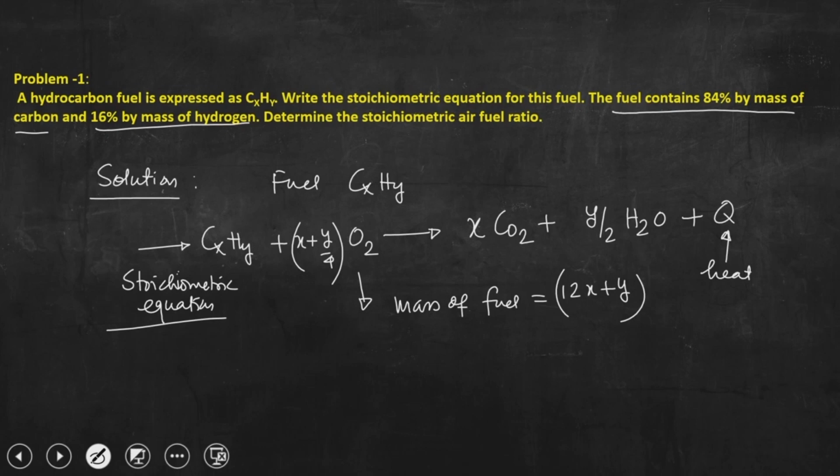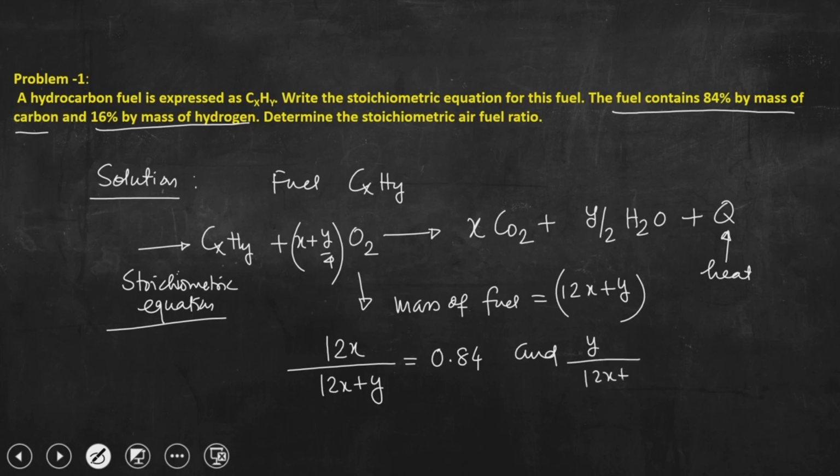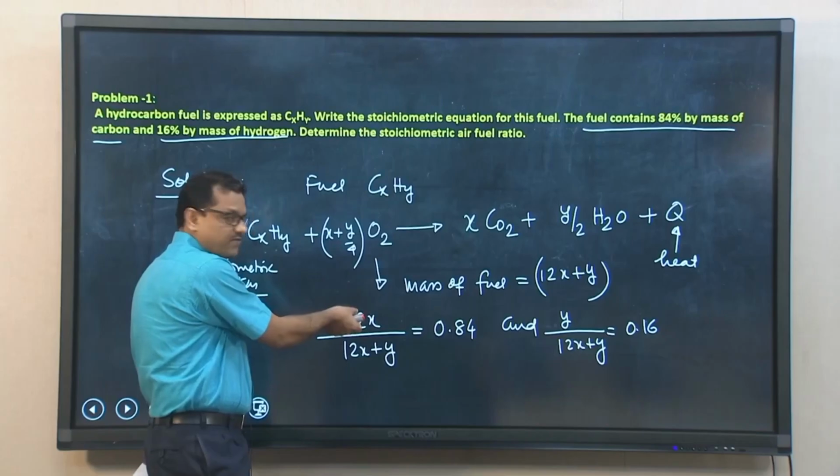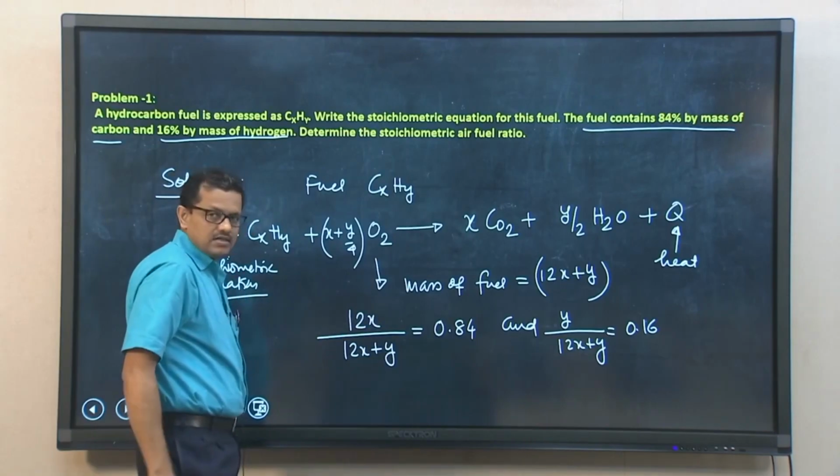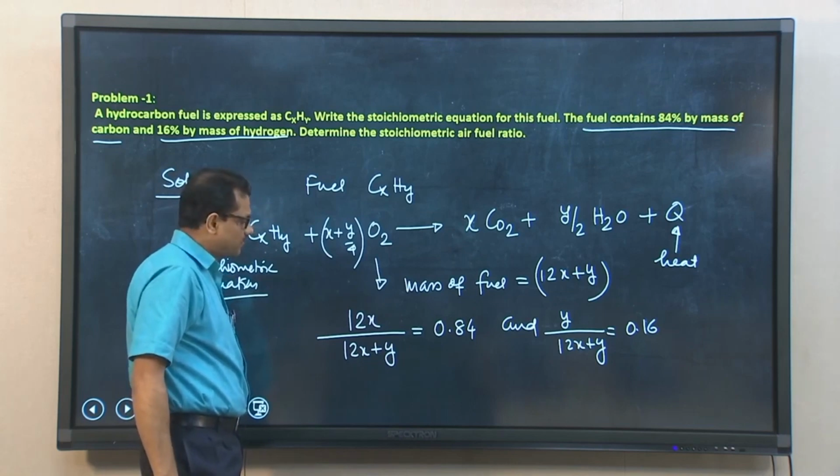That means 12x by the total mass 12x plus y is 0.84, and we can also write y by 12x plus y equal to 0.16. So, if this is the total mass, the mass of carbon is given in percentage, that is 0.84.